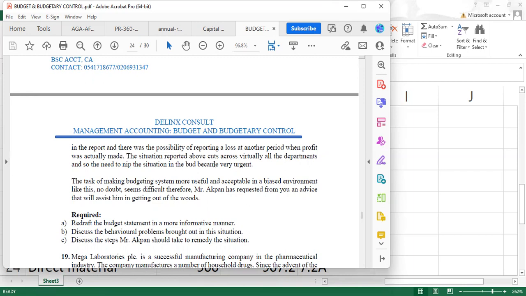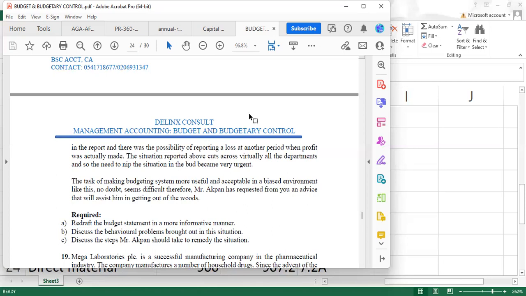People will feel reluctant to contribute because they feel like they are not part of the process, and they feel like they are not consulted. So one of the behavioral problems is an issue of demotivation. Are you okay there?